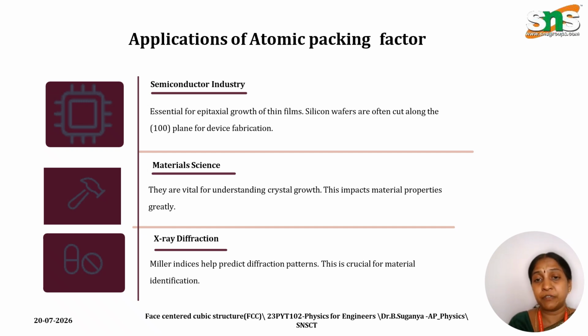Silicon wafers are often cut along the 100 plane for device fabrication. I already explained in previous videos that 100 means X is present and the Y and Z coordinates are absent. In material science, they are vital for understanding crystal growth, which impacts material properties greatly. In X-ray diffraction, Miller indices help predict diffraction patterns, which is crucial for material identification also.